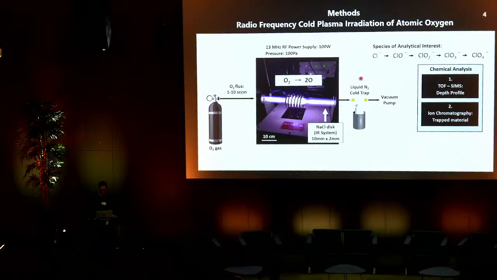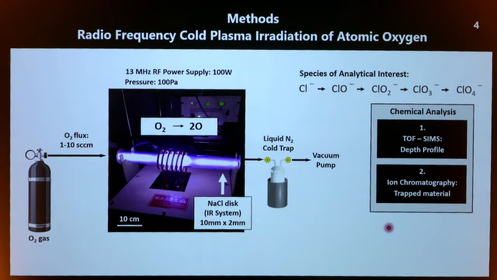So because of that, we are also using a cold trap, because if some material is being sputtered off our sample, we can collect this material and analyze it by ion chromatography.